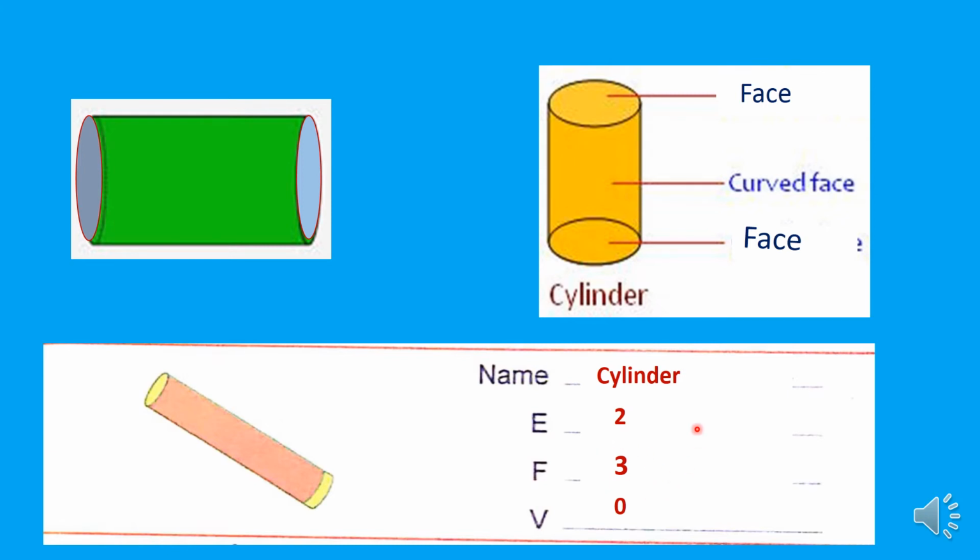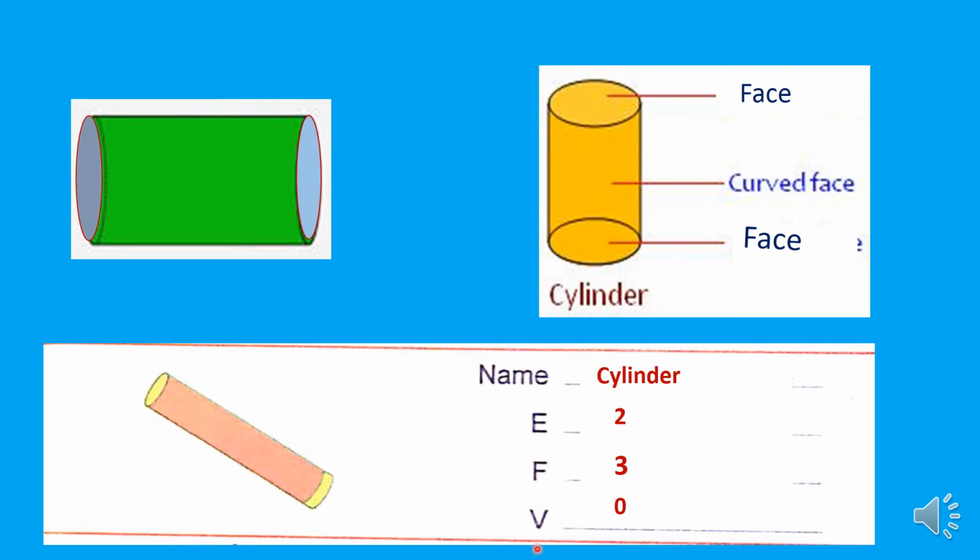Okay, next V for vertices. So we have to write how many vertices the cylinder has. The cylinder has 2 curved edges, but these 2 edges are not meeting. What am I saying? What is a vertex, children? 2 edges meeting place. But the edges are there, they are not meeting, so there is no corner point.